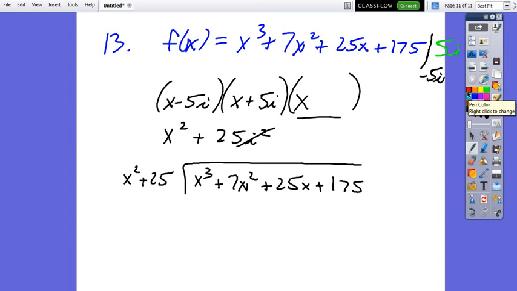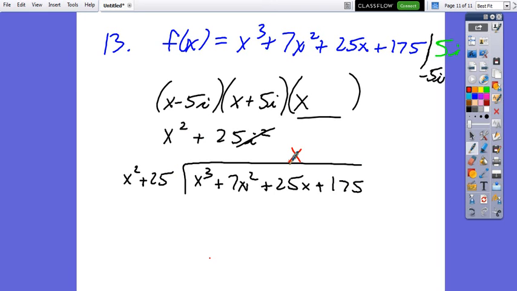Okay, so finish copying that. So first things first. When we do this, we're doing x cubed divided by x squared to start with. But that's going to result in an x. We want to put that x over the x. So it's just x. Now I multiply back through.